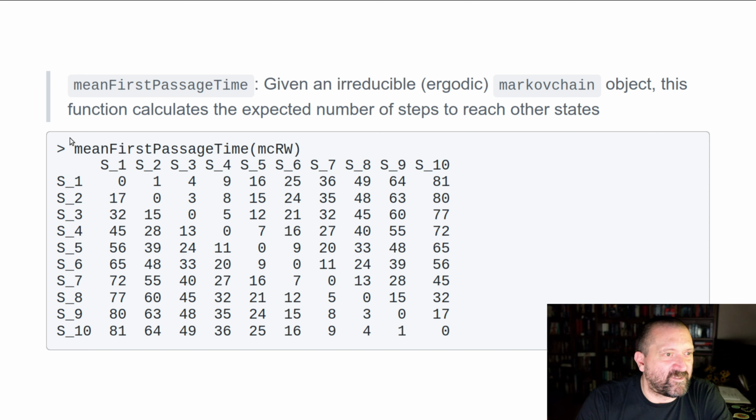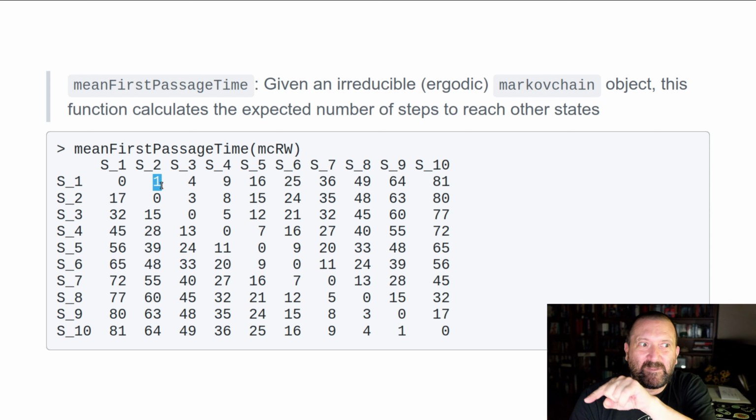You see the diagonal is 0, it's for the other states. So from S1, on average, it'll take me 1 step to go to S2. And yes, because there's a probability 1 of going from S1 to S2. So that one is very simple.